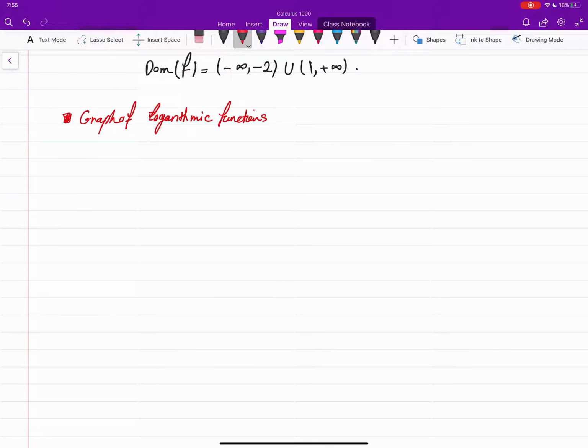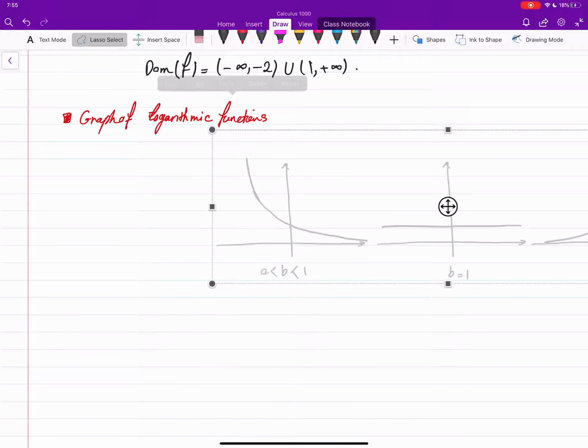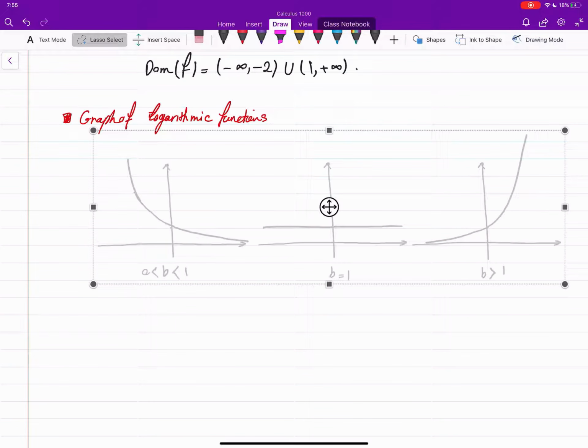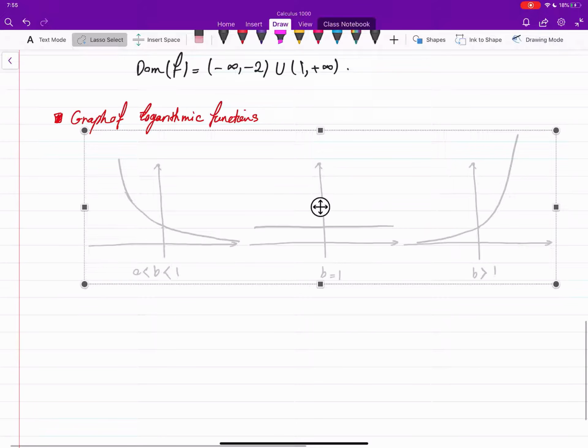Well, remember that the graph of the inverse of a function is obtained by finding the reflection of the graph with respect to y equals x.